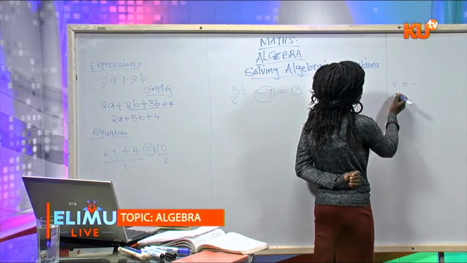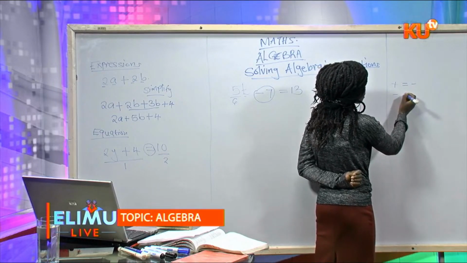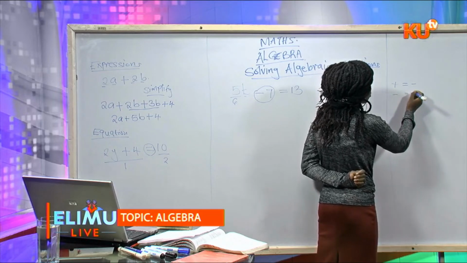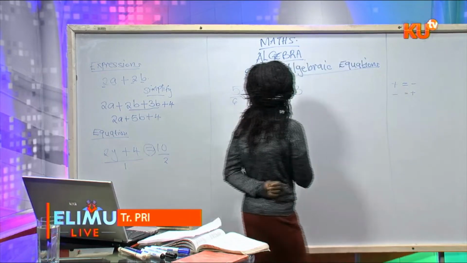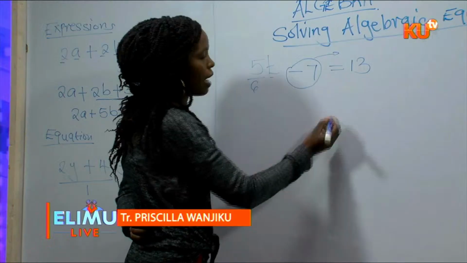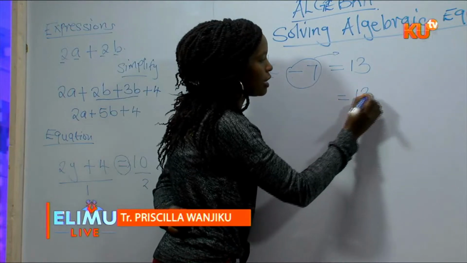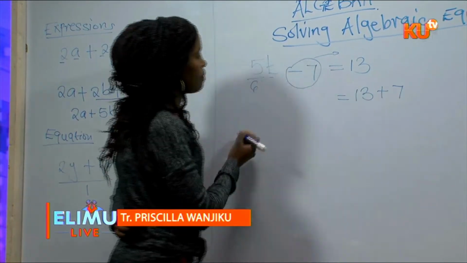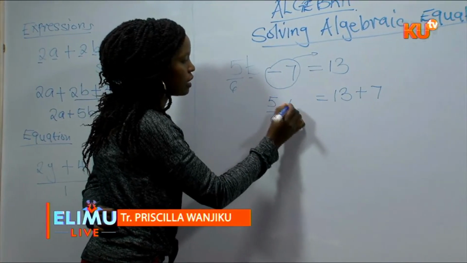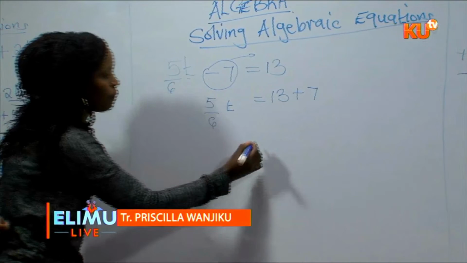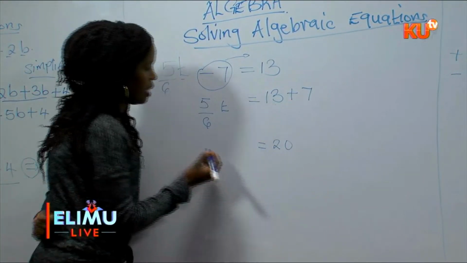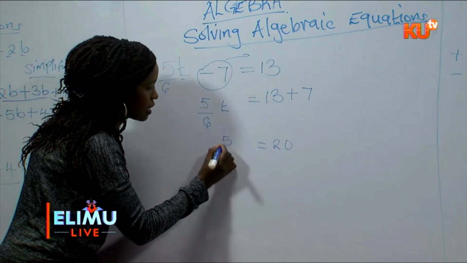If I have a negative sign, it crosses the equal sign and is going to be positive. So this 7, I'll take it to the other side, and I'm going to have 13 plus 7. And this side I remain with 5 over 6t. 13 plus 7, I get 20. And then 5 over 6t.